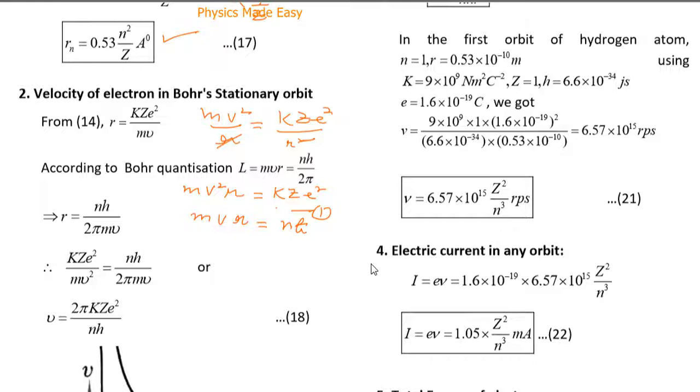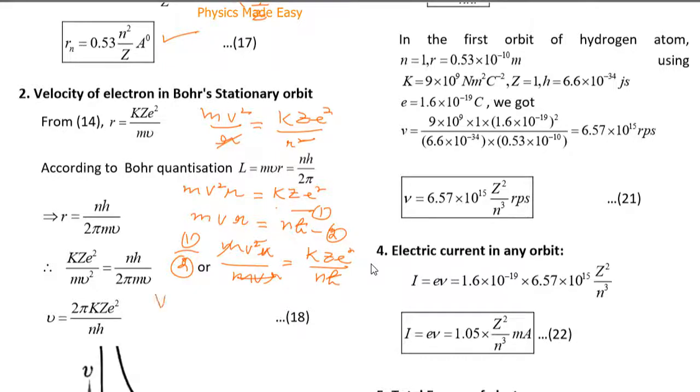Now if I divide these equations, that is 1 divided by 2, m v square r divided by m v r is equal to k Z e square divided by n h bar. So all these cancel and we get velocity only here.